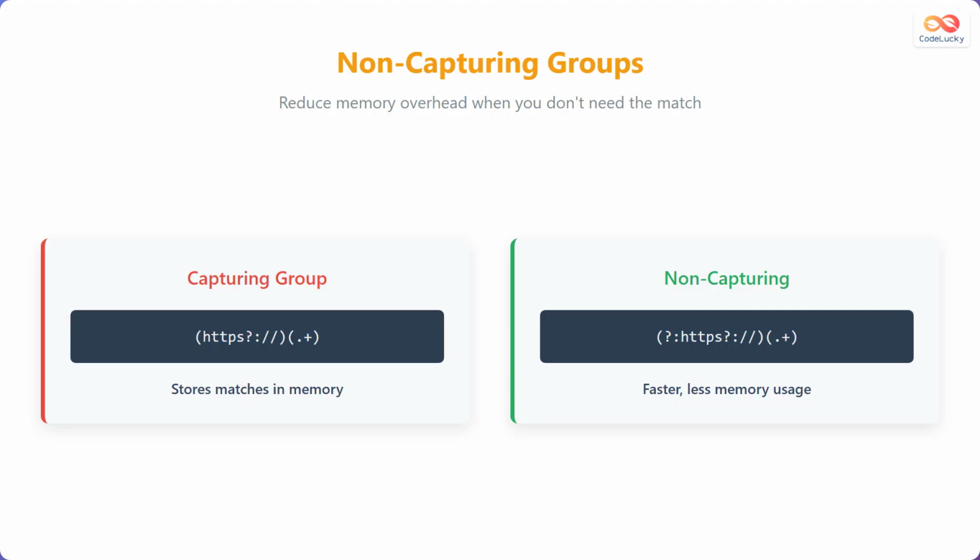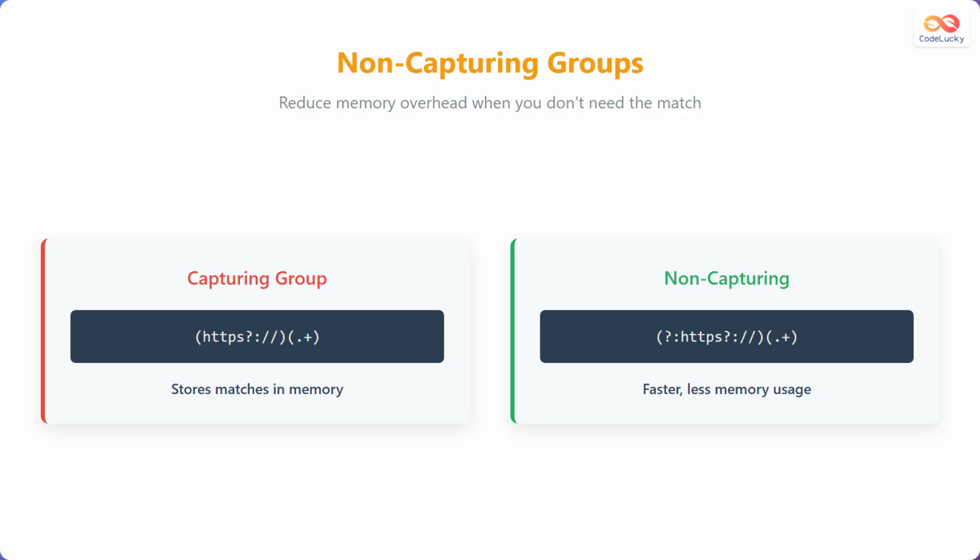Non-capturing groups reduce memory overhead when you don't need to store the matched groups. Here's an example of a capturing group: (https)/(.+). This stores matches in memory.